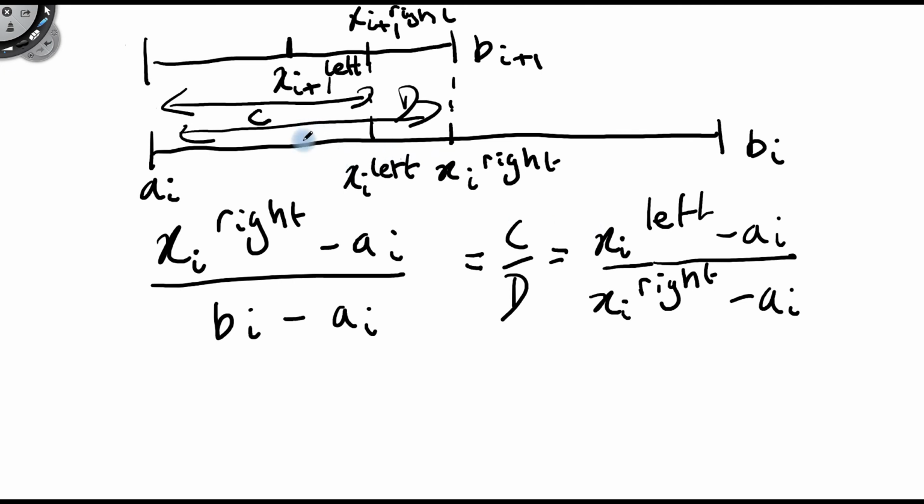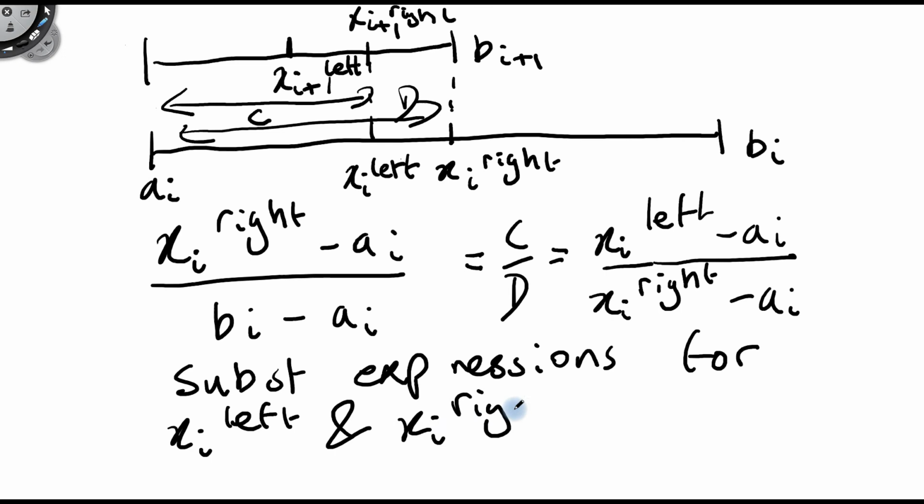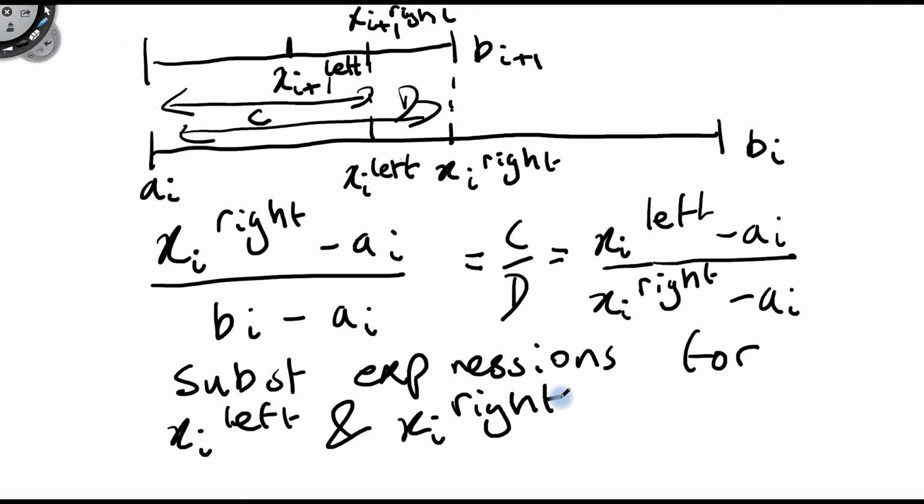So the way we get deriving R now is we now need to substitute expressions for x_i left and x_i right. And I've just got enough time to write down those expressions, and then I'll continue this derivation in the next video.